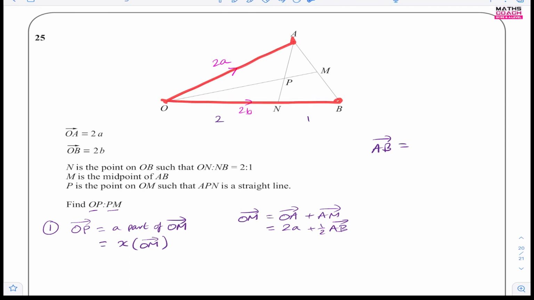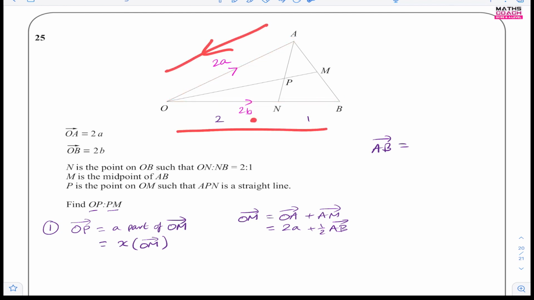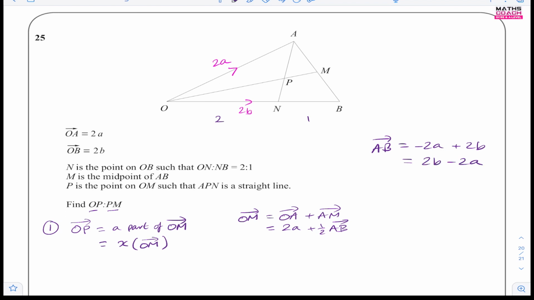So it's going to be minus 2A that way and plus 2B that way. That is A to B. So it's going to be minus 2A plus 2B, and we can write it as 2B first, so we have that as positive minus 2A. So that is A to B.